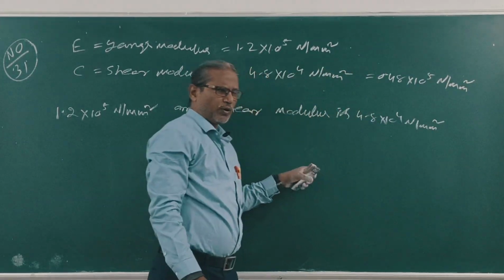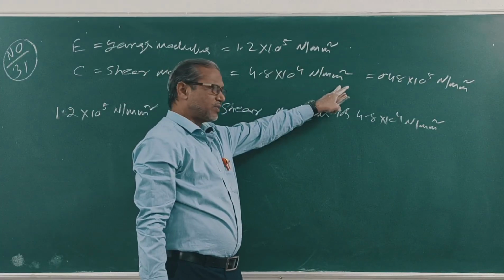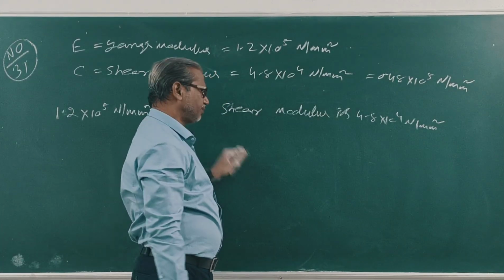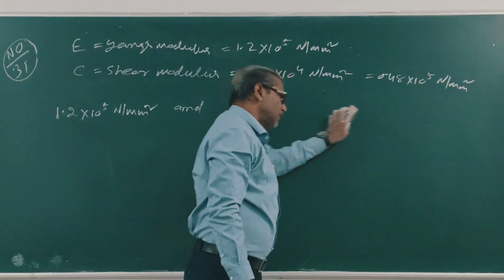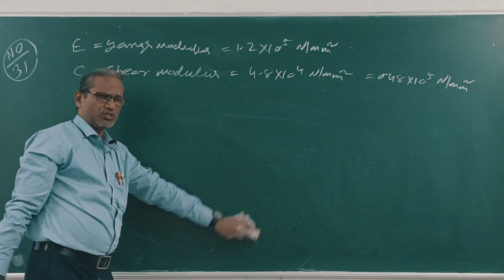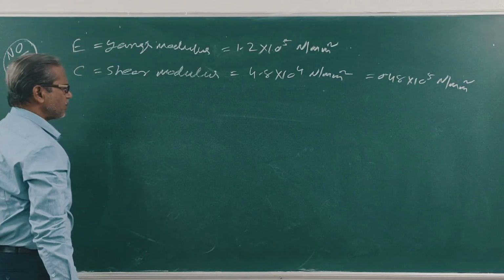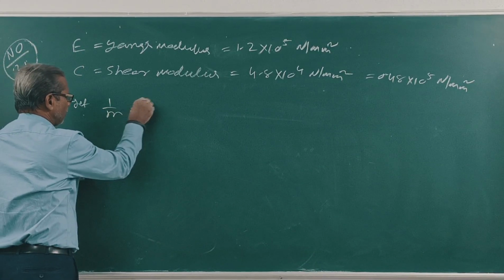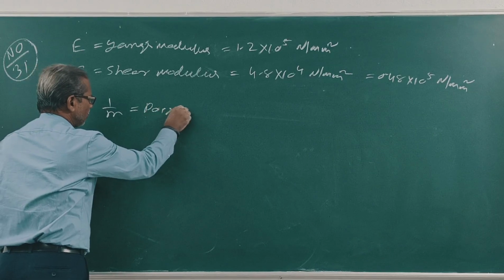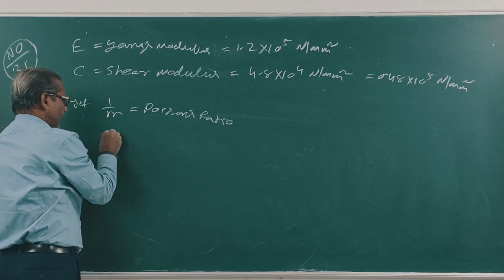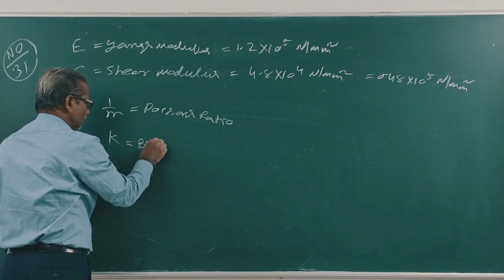Both powers are equal, 10 to the 5, 10 to the 5. So I make this 4.8 as 0.48. Clear? So the question is to find the bulk modulus and the Poisson's ratio. Let 1 by m be the Poisson's ratio and K the bulk modulus.